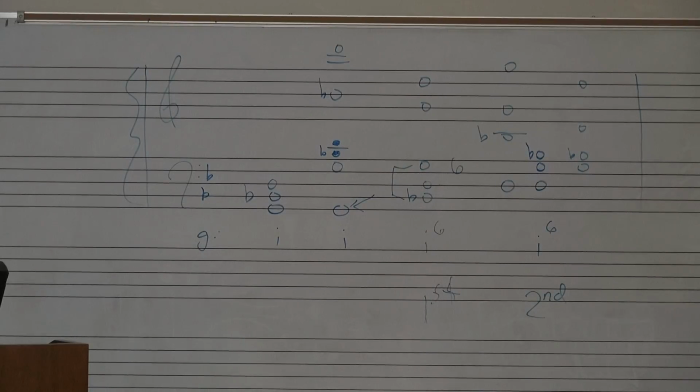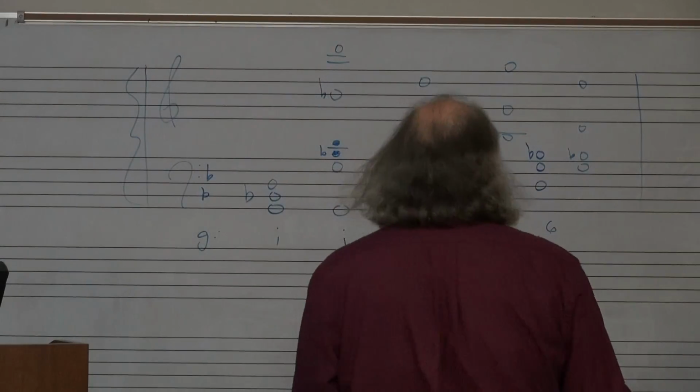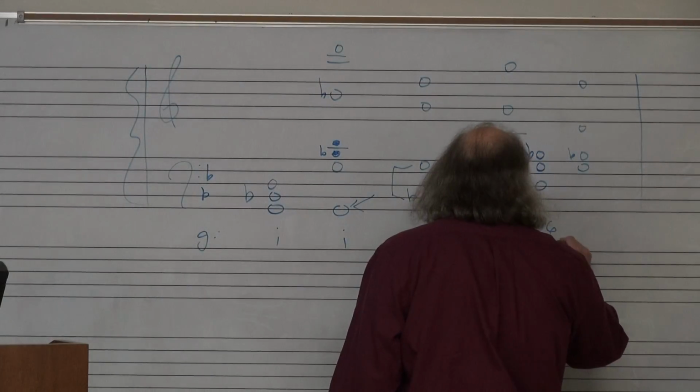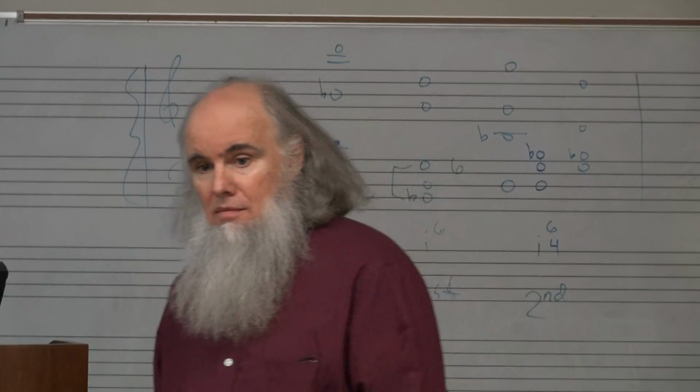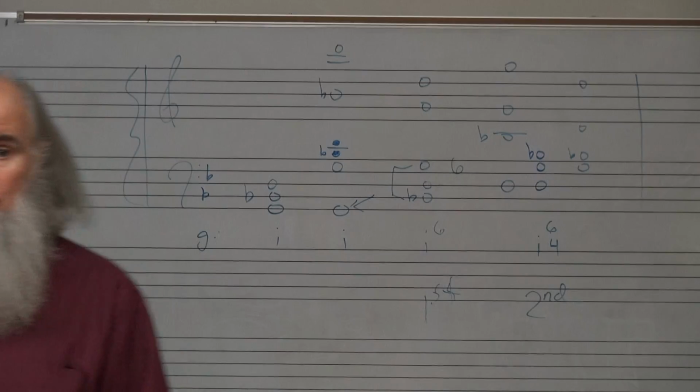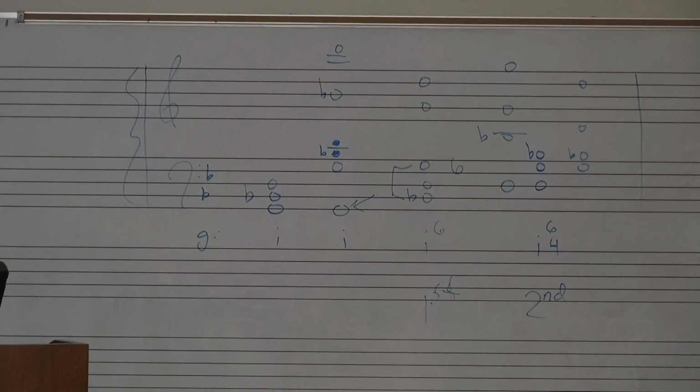There is a D going up to G, which is a 4. And that would make it a second inversion chord. And again, the 6 is referring to the bass pitch, in this case D. What is a sixth above? The interval of a sixth above D, you know, D, E, F, G, A, B flat, is 6. And the 4 is D, E, F, G. That's where the 4 comes from.